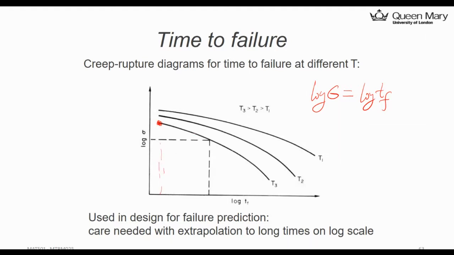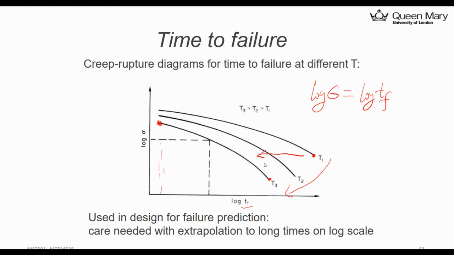That's easy to understand. And if you increase your temperature, that will also lower your life. If you look at the TF, it's the creep life. From this point, we'll go to that point. So the life will reduce in this way.